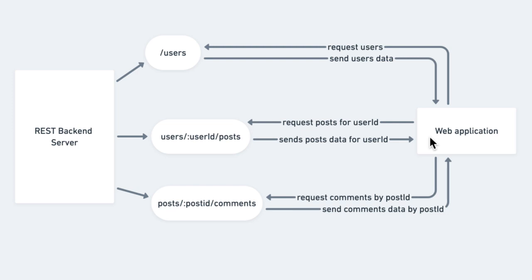Finally, let's say we wanted comments. Again, there might be a different endpoint as well for that post based on the ID to get the comments, and we would make the request. The server would again have to re-authenticate us and figure out if we are allowed to access those comments. And then if we are, they'd send those comments back to us.